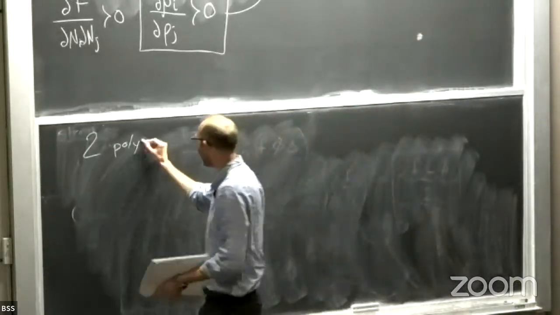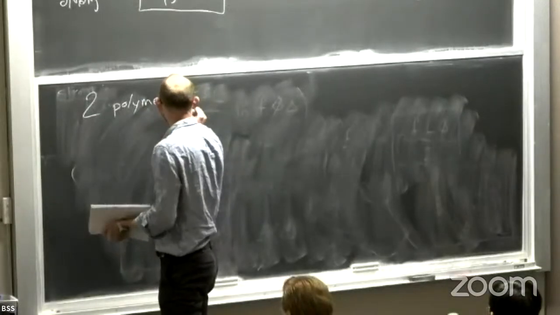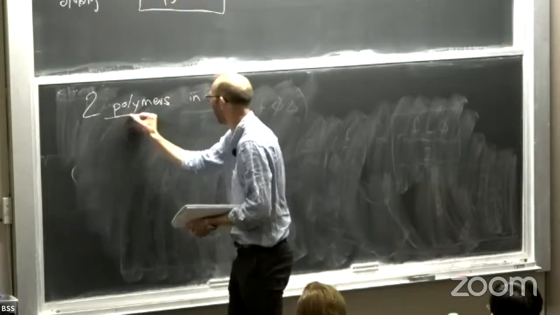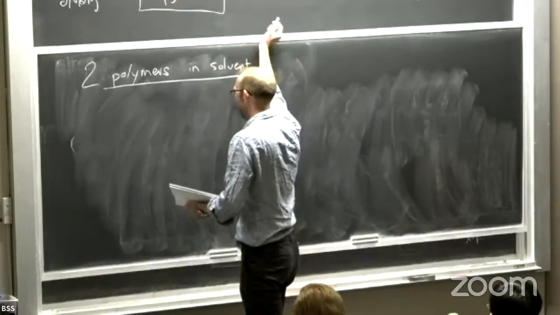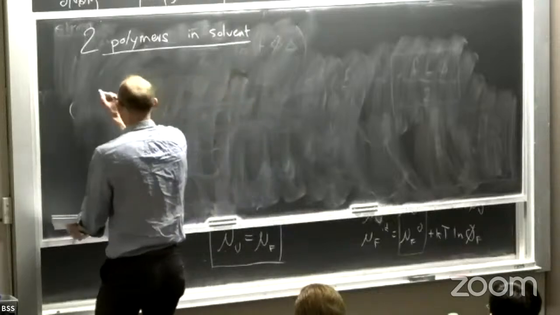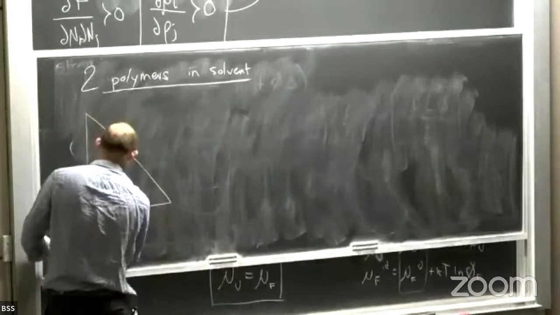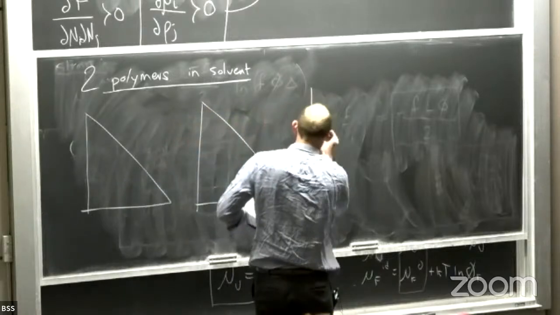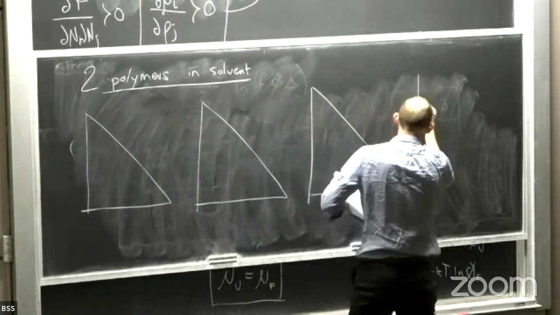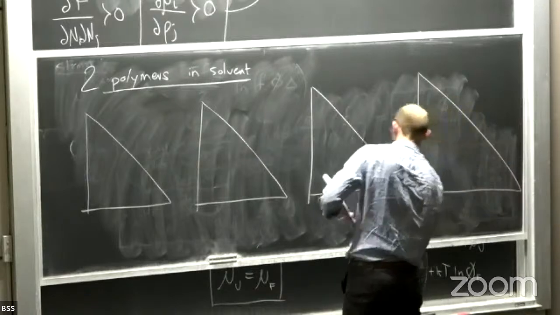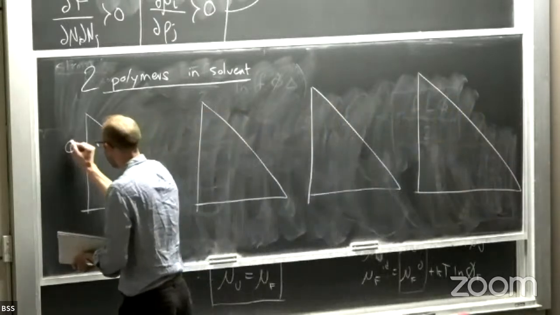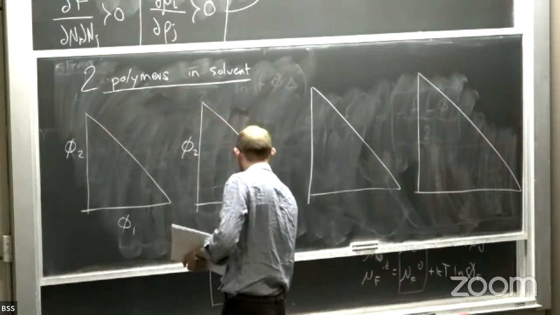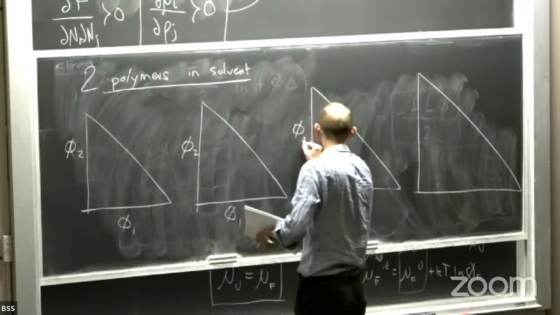All right, so we have two polymers in solvent. All right, so we have four possible types of phase diagrams that we can reason based on those types of eigenvalues.